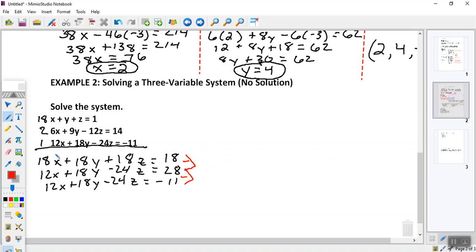All right, help me with the top. What's 18x minus 12x? 6x. What's 18y minus 18y? Plus what? Negative 6z. You subtract a negative. Wouldn't this be like adding 24z?